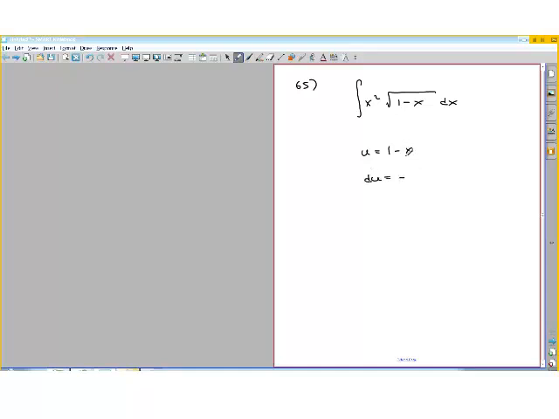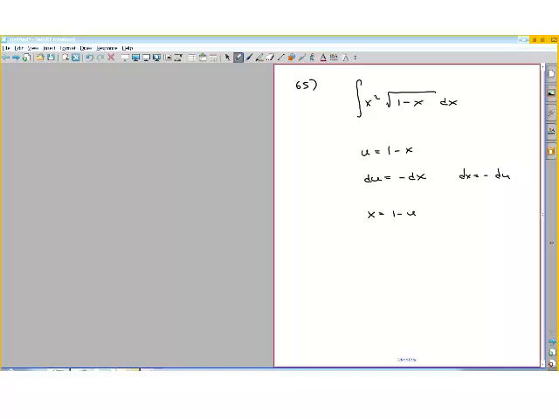We get negative 1 times dx. But then we use this first equation to solve for x. So x is equal to 1 minus u. If you add x to both sides and subtract u from both sides, you'll get this. So we make 3 substitutions. You can see that dx is equal to negative du if we multiply both sides by negative 1.